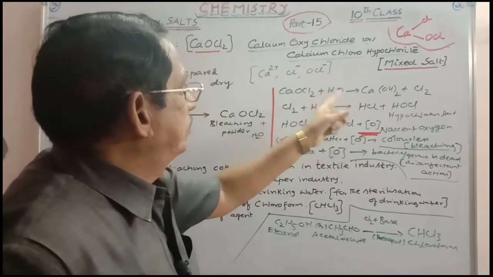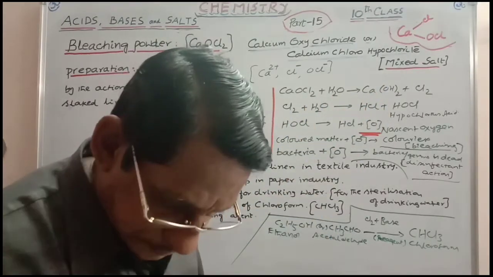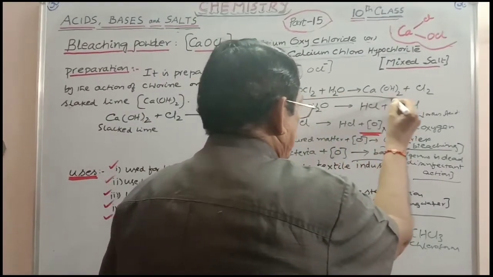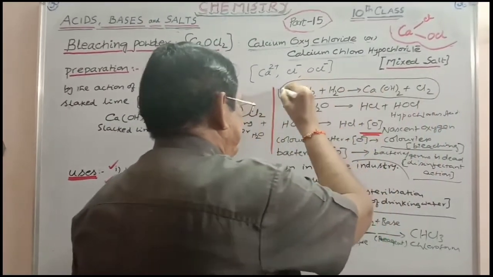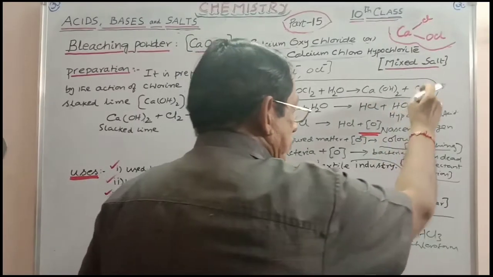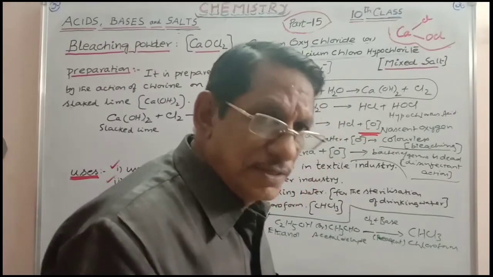And here, if you take this CaOCl2 plus H2O, what about this condition? When it is dissolved in water, calcium hydroxide is obtained, no doubt. Apart from that, chlorine is obtained. Chlorine is there, and a base, calcium hydroxide, is there.